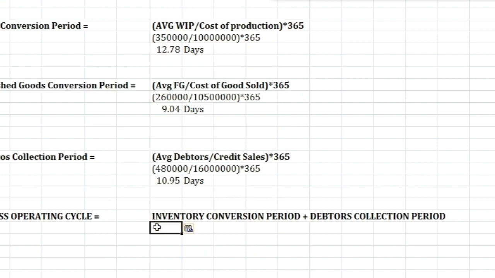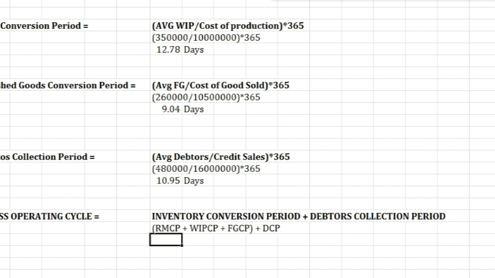Inventory conversion period is raw material conversion period plus work in progress conversion period plus finished goods conversion period. This is the inventory conversion period plus debtors conversion period, or debtors collection period, or debtors deferral period.